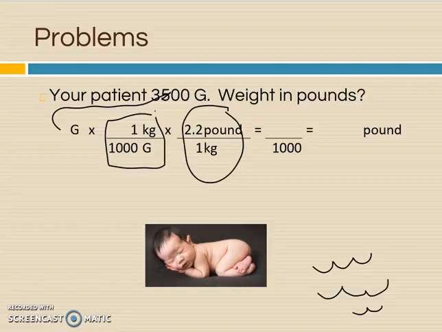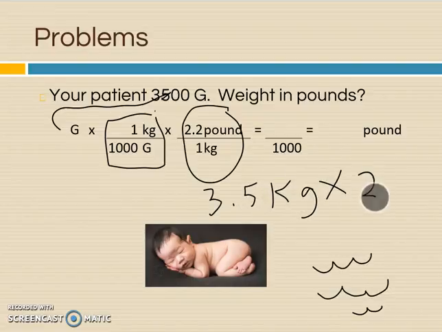So anyway, but again, it would just be 3,500 grams is 3.5 kilograms. And then we multiply that by 2.2, and we get our pounds.